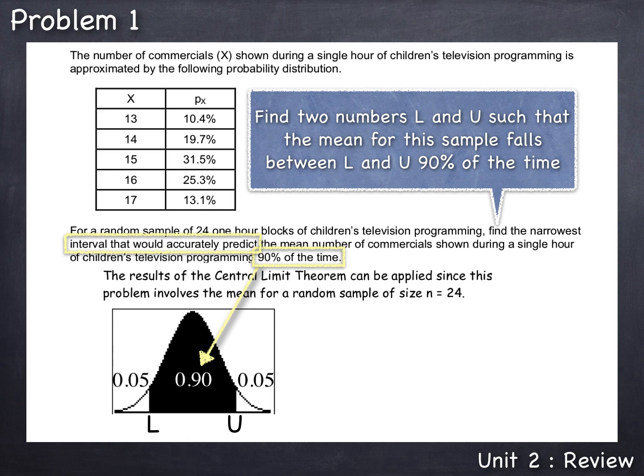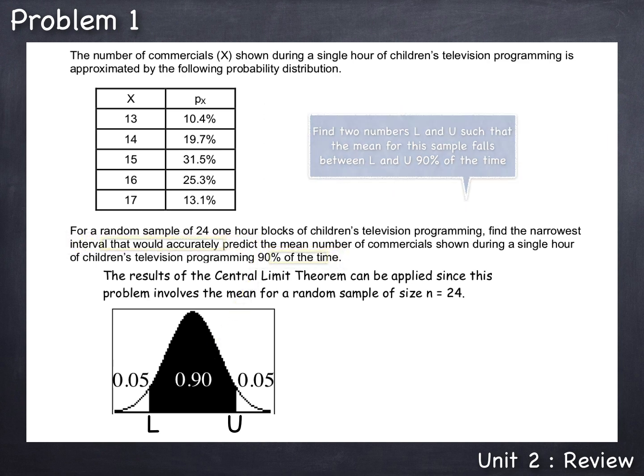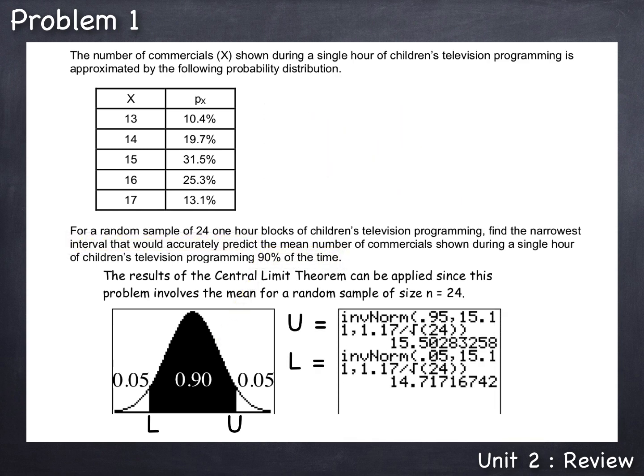Now, since we know the probabilities associated with this normal distribution, and we want to find the numbers that make up the interval, L and U, we can use the TI-84 inverse norm command. To get to it, we press second and vars to get to the distribution menu, then arrow down until we find the inverse norm command and press enter to select.